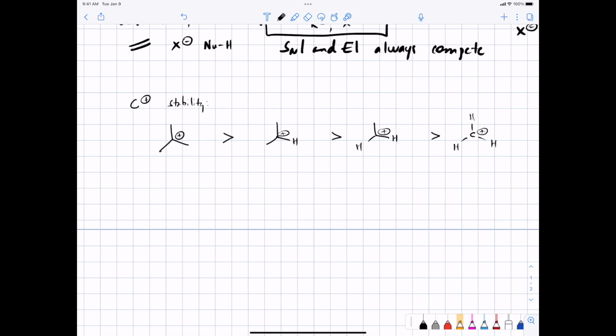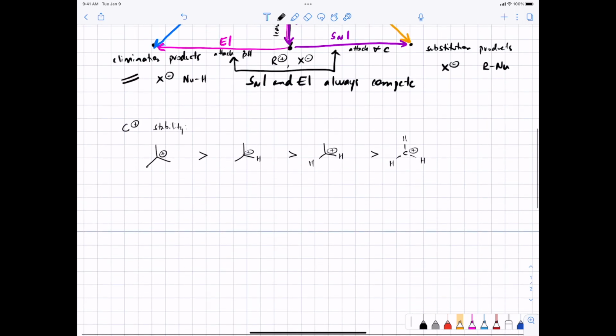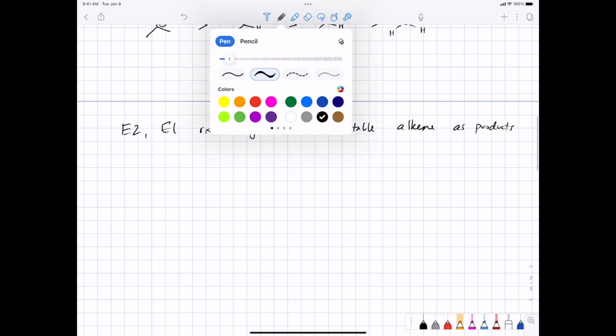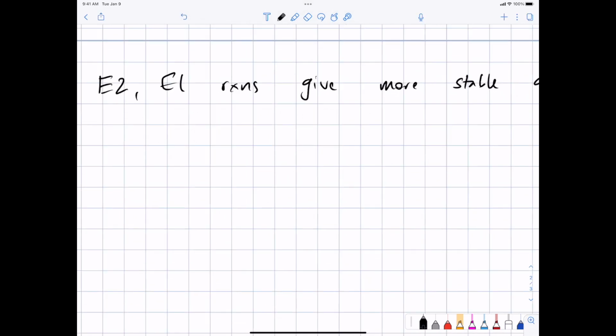What else? While we're on the subject of hyperconjugation, we've mentioned several times that E2 and E1 reactions tend to give the more stable alkene, or olefin, as products. So a couple of principles for alkene stability.